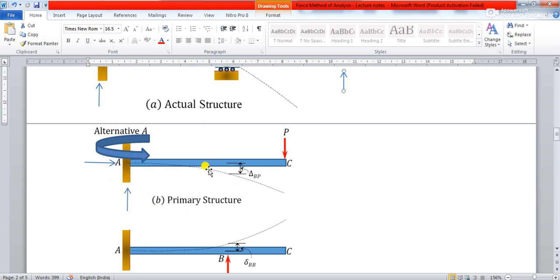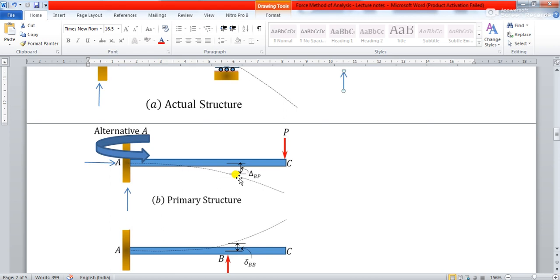I have explained what the primary structure is. Now with an example you should be able to understand it. Is it clear now? So in the primary structure there is no reaction at this point now, because there is no support, because you have removed the redundant force.